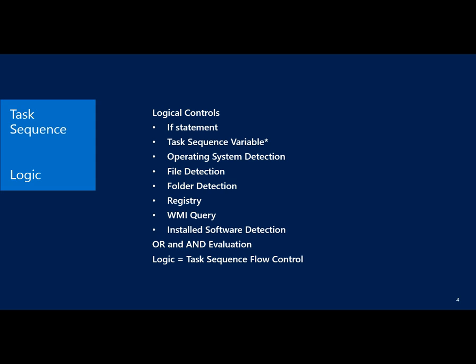So you could have different requirements, as an example, for HR machines or call center machines or whatever types of machines, right? If there's a way to detect what those kind of machines are, then just by reading the registry or whatever, maybe it's an existing machine that you're trying to reimage and not really a bare metal machine. Well, you could use some logic here to control which branch or which group or which step a task sequence will go into based on these.